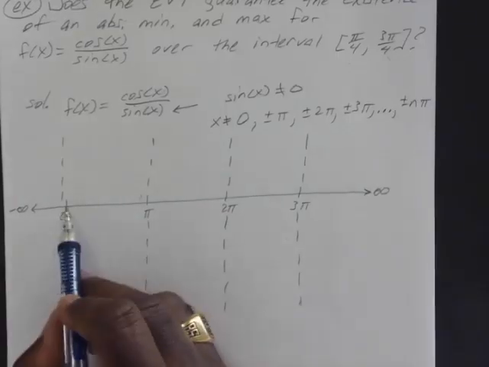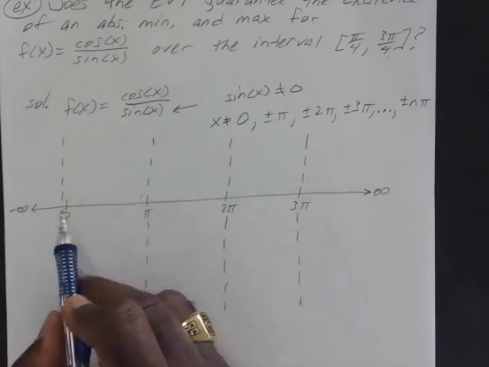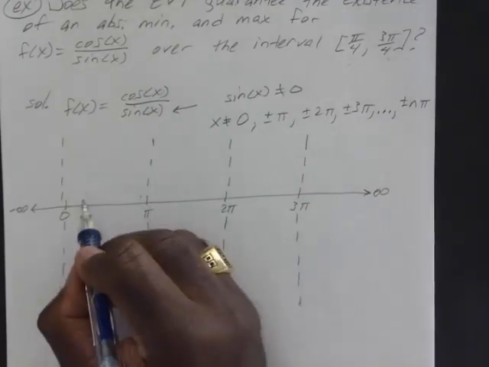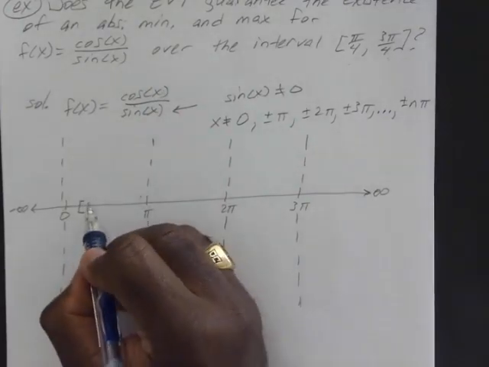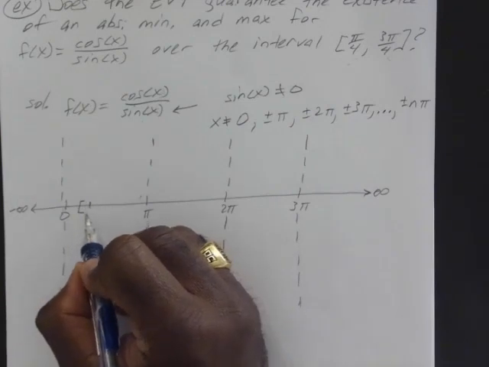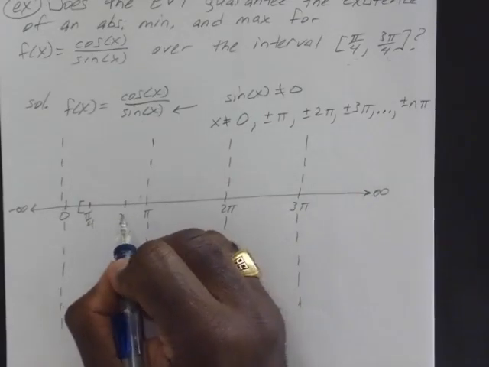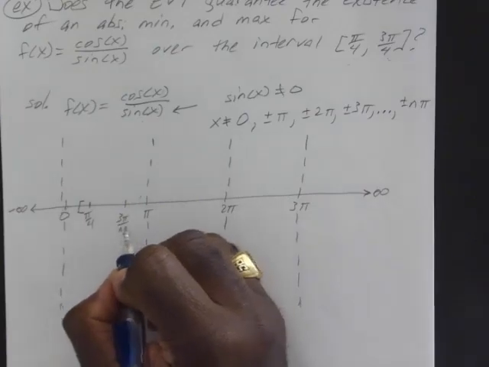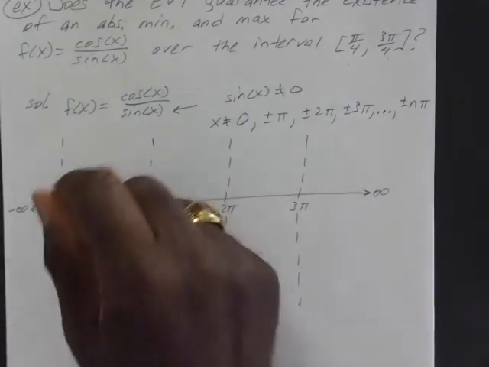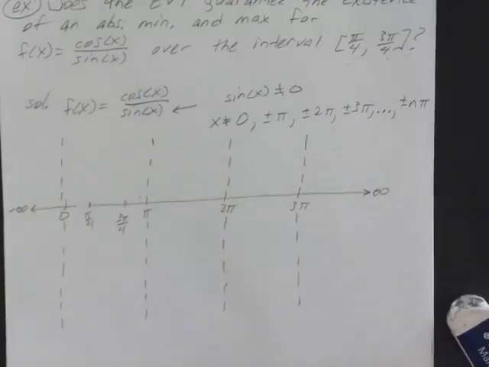Okay. So if it's defined between 0 and pi, but just not at those endpoints, well, pi over 4 is somewhere around here. And 3 pi over 4 is less than pi, so it's somewhere over here. So let me make the bracket a little bit closer to that point.